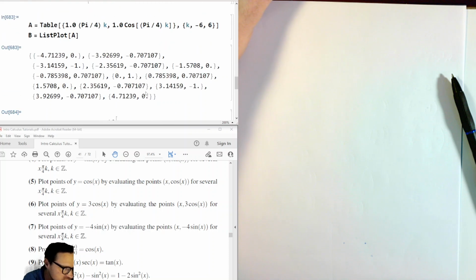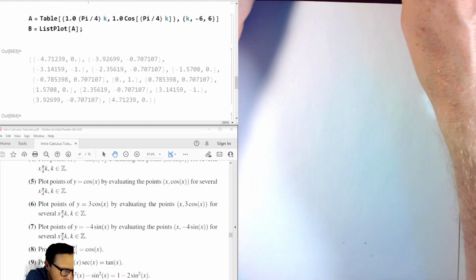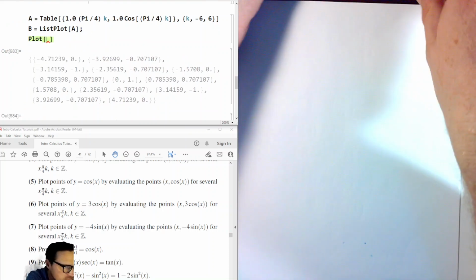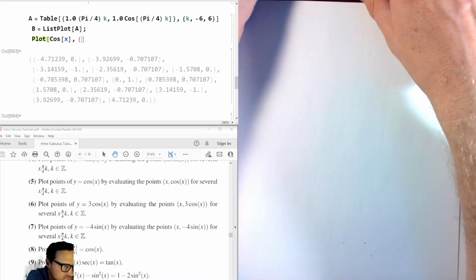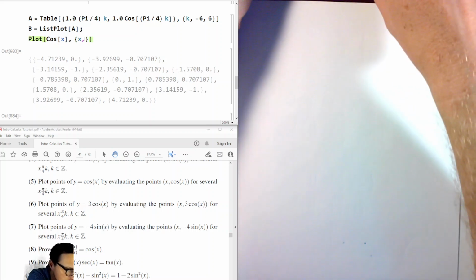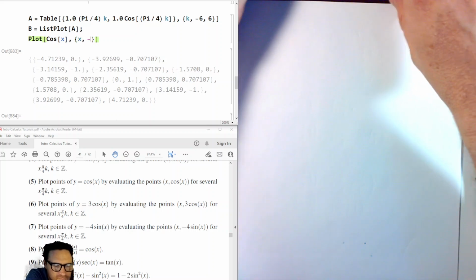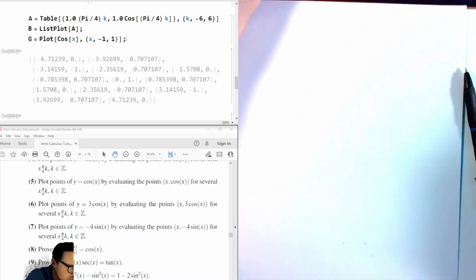So now that we've got those points, let's also include the plot of the cosine function. And then I'll call this G, and then I want to show the two of these together.